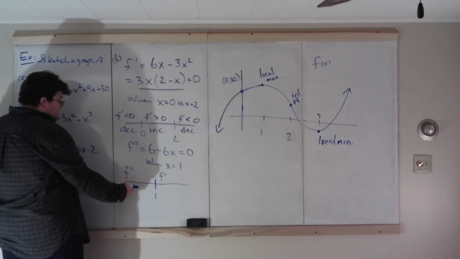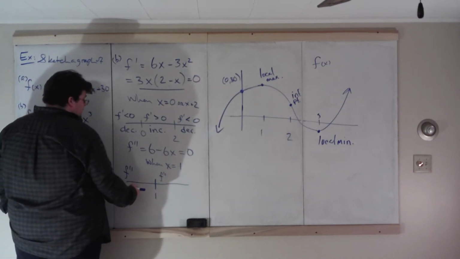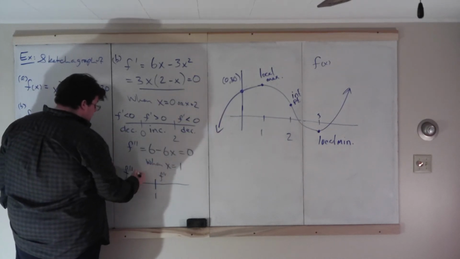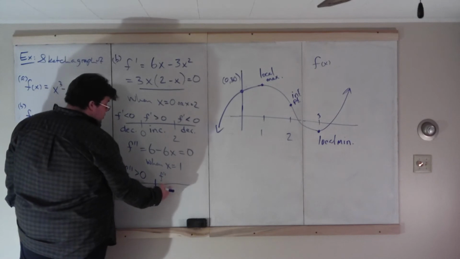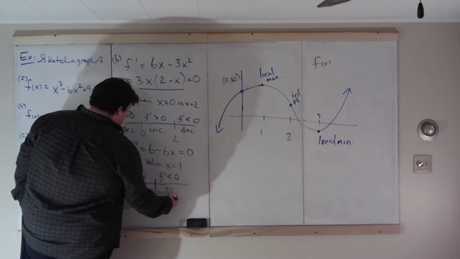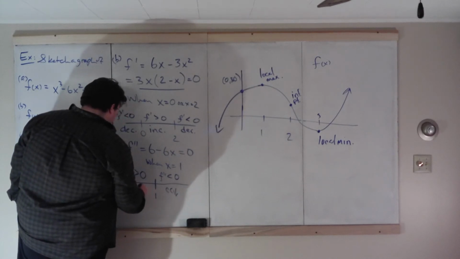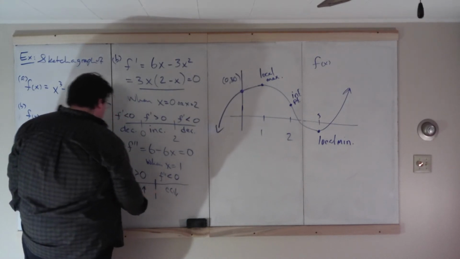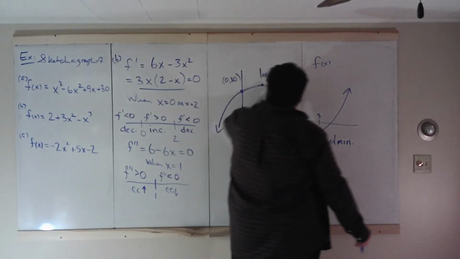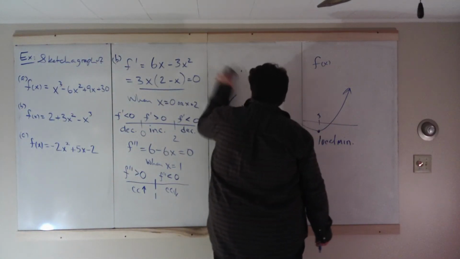The second derivative in this piece, I'll choose 0. All you need to do is choose one of those values there. At 0, the second derivative is positive. At 2, the second derivative is negative. So the function is concave up where the second derivative is positive, and it's concave down where the second derivative is negative. And now we just need to piece together our graph.